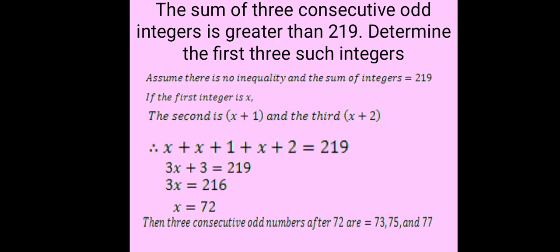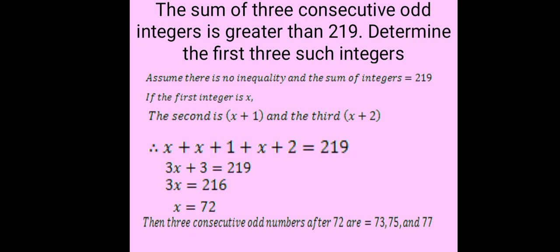If the sum of 3 consecutive odd numbers is greater than 219, determine the first such 3 numbers. First of all, let's ignore the inequality so that we say the numbers are just equal to 219.